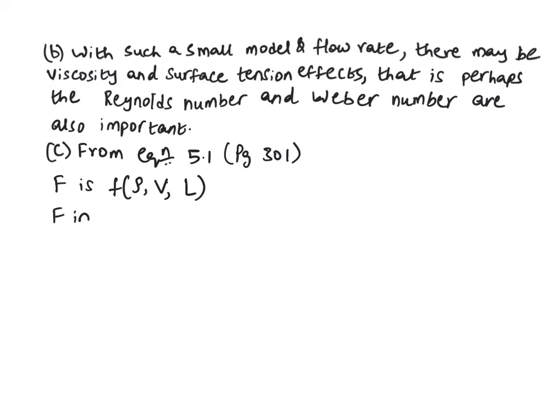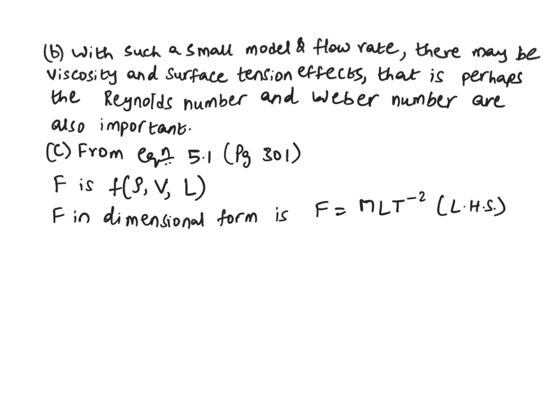F in dimension form is F equals M L T to the power minus 2. That's your LHS. Now we have three variables on the right hand side.